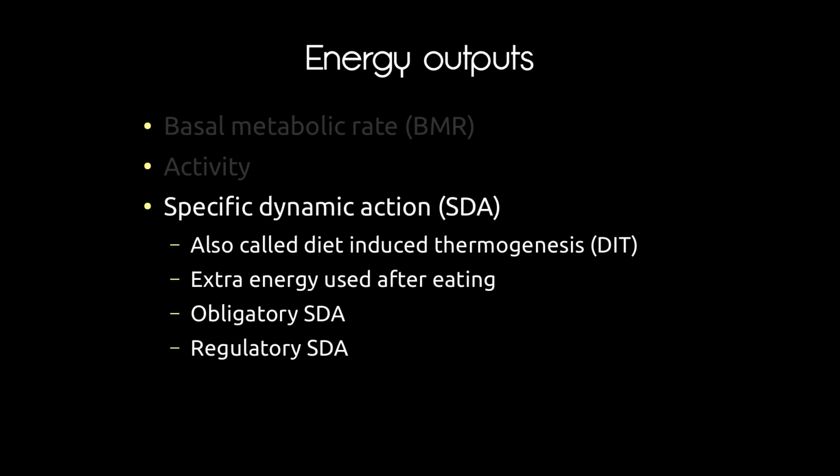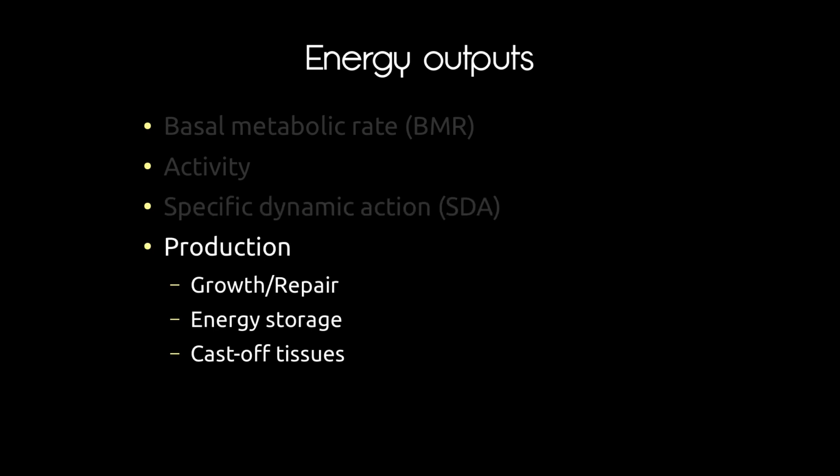This is the energy that is used to process the material that was just consumed, to move it through the gut to break it down, to move food through your stomach, through your intestines, and to break all that down. That's going to take some energy. That is the obligatory SDA. The regulatory SDA, which we'll talk a little bit more about later on, is specifically an increase in energy consumption to remove excess nutrients, or essentially to burn off calories.